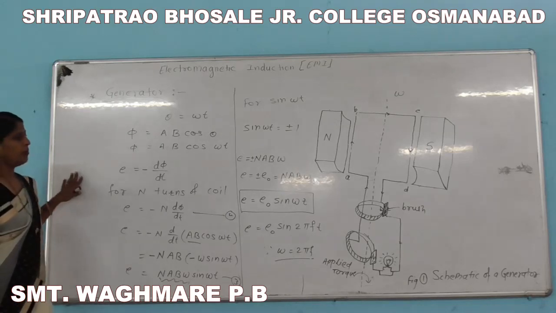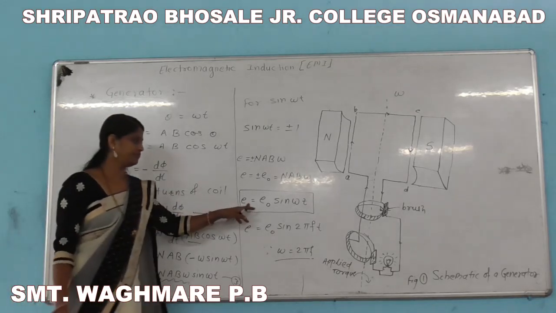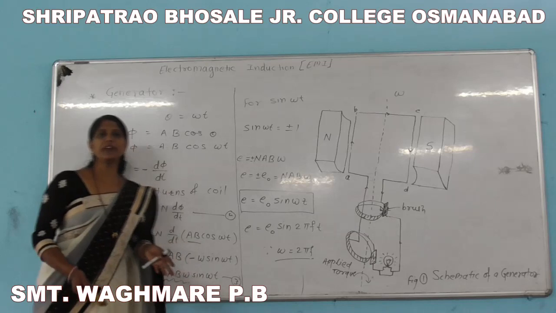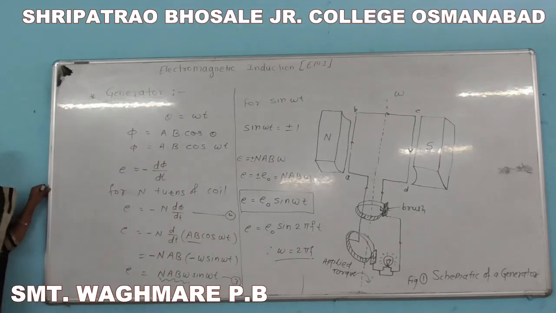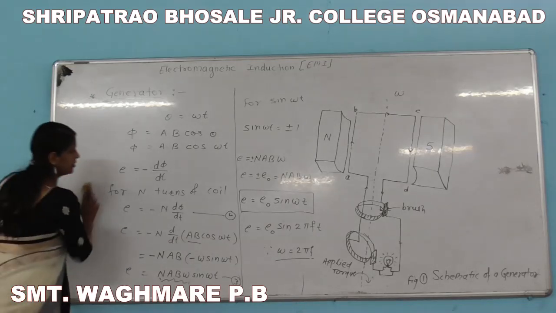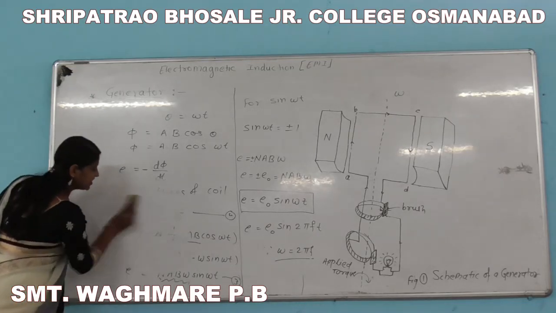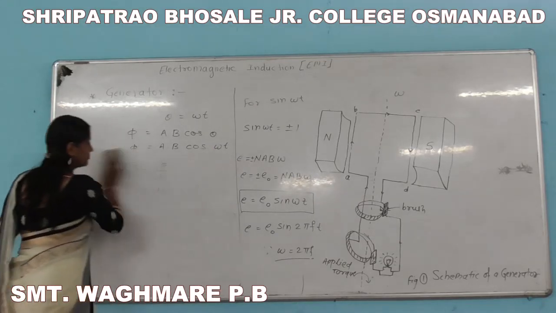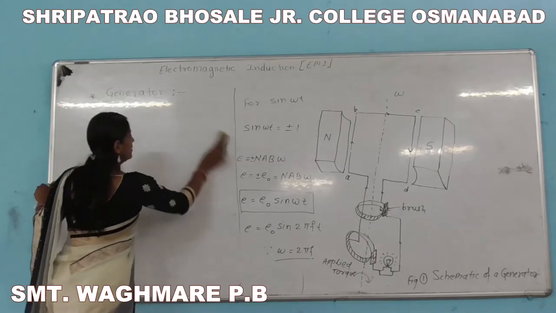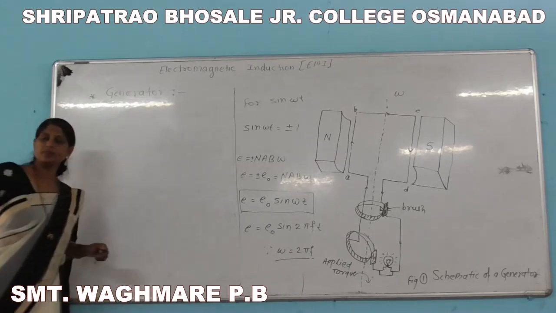Now, by using this equation, we can draw the graphical representation of EMF for alternating current.